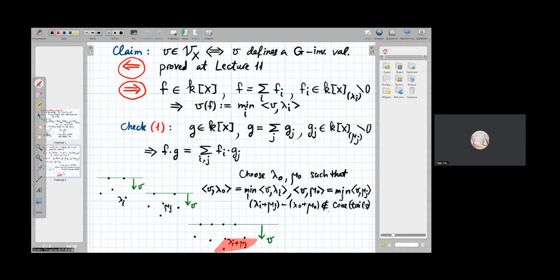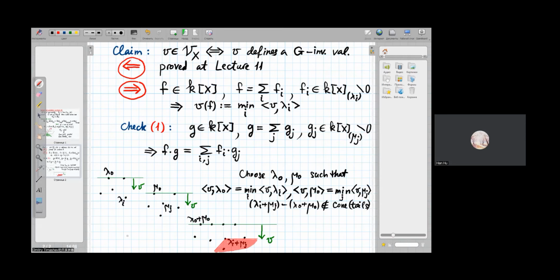And for this reason, at least we can say that we can guarantee that we can choose such a pair of lambda naught and mu naught. So, for instance, on the picture, you can take for lambda naught this guy, and for mu naught you can take this guy, and lambda naught plus mu naught will be this extreme point on this line.